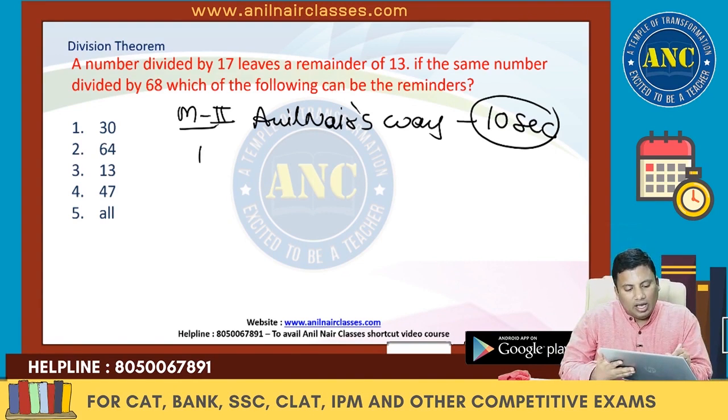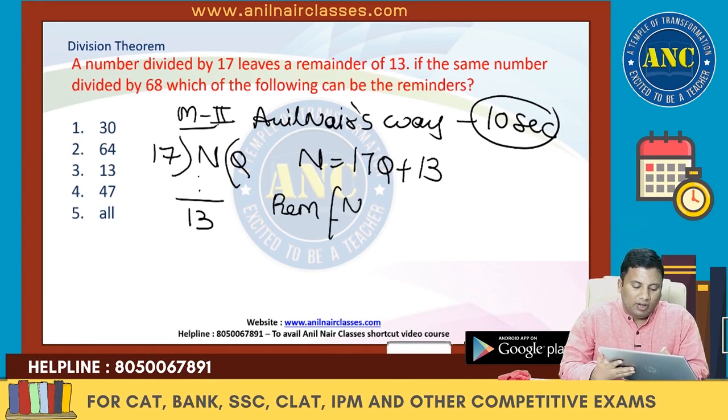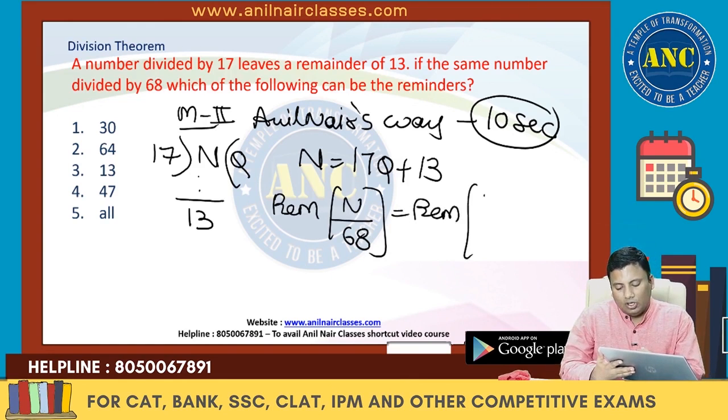Now see, a number when divided by 17, quotient is Q, remainder is 13. So dividend is equivalent to divisor into quotient plus remainder. Find the remainders when it is divided by 68. 17 into Q plus 13, divided by 68.